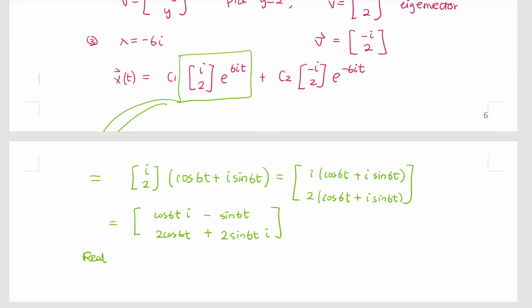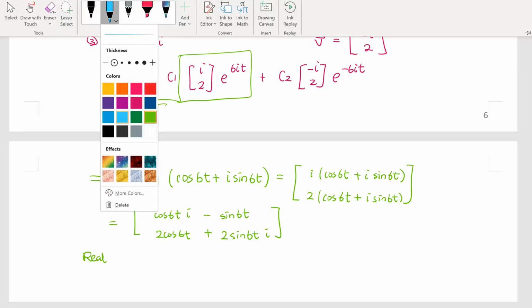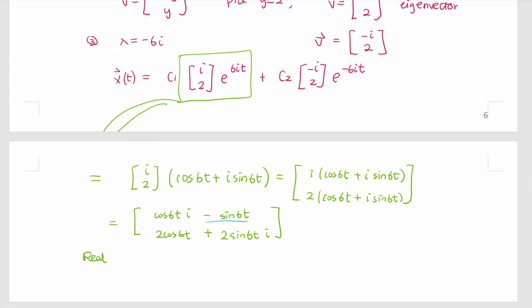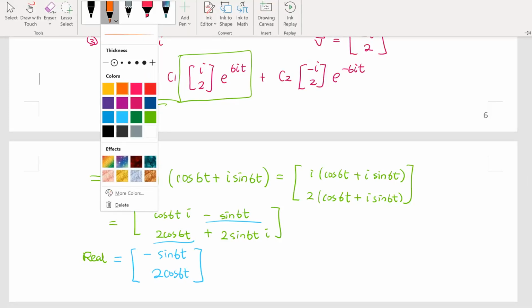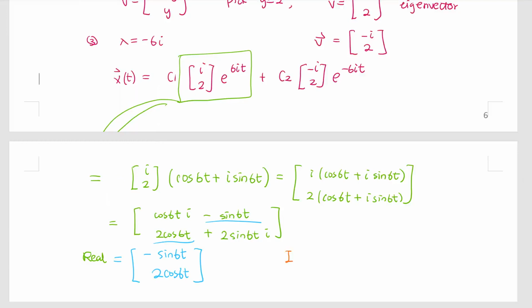The real part is this guy and this guy: negative sine 6t and 2 cosine 6t. That's the real part. How about the imaginary part? Here the imaginary part only consists of the coefficients, the beta. So this guy and this guy: cosine 6t and 2 sine 6t.